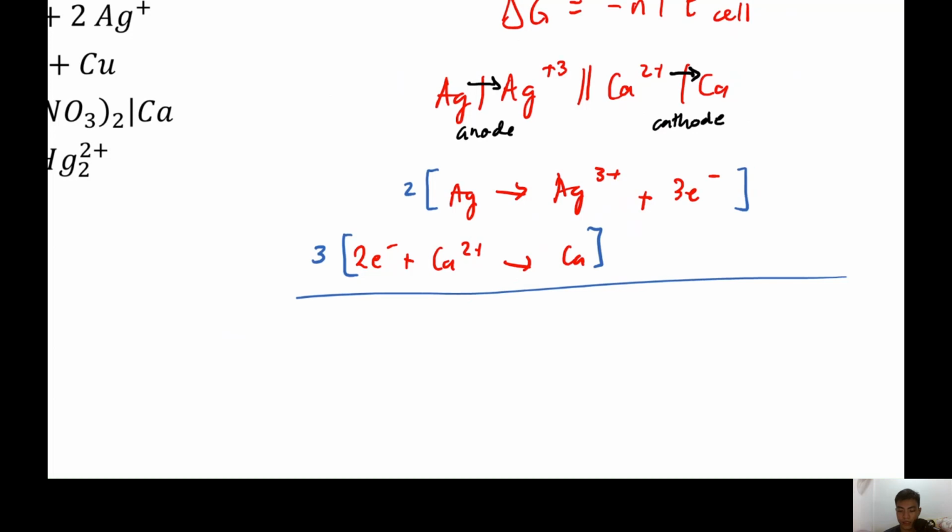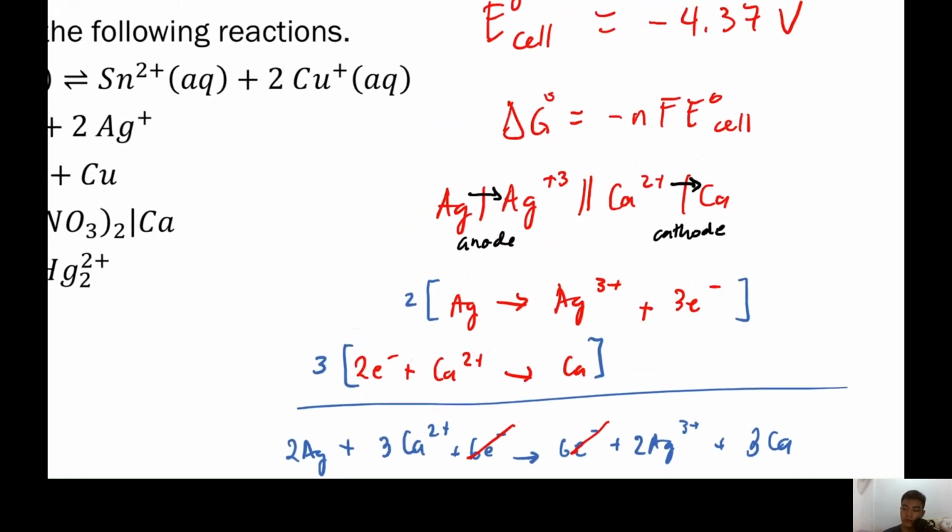So my equation can now be written as 2Ag plus 3Ca2+ plus 6 electrons, then I have 6 electrons on the other side as well, giving 2Ag3+ and 3Ca. Then you cancel the electrons, so the moles of electrons is 6.